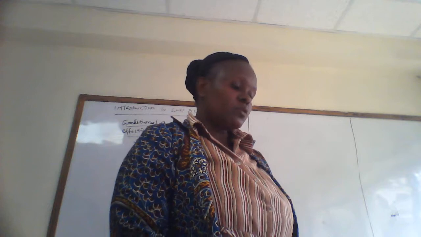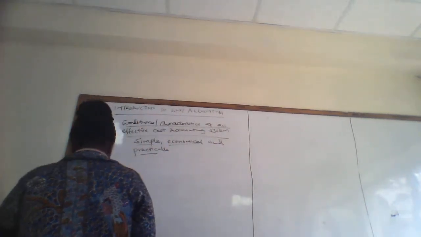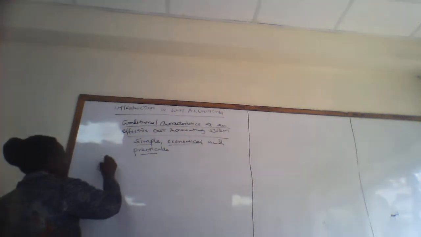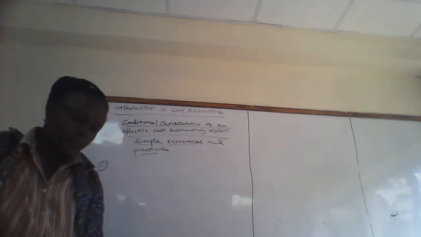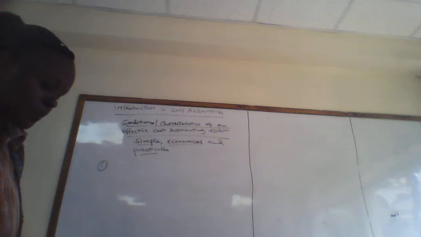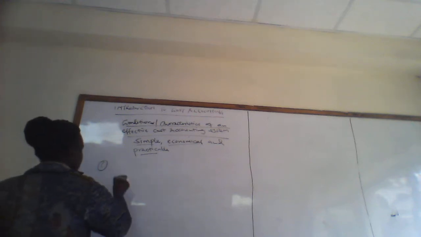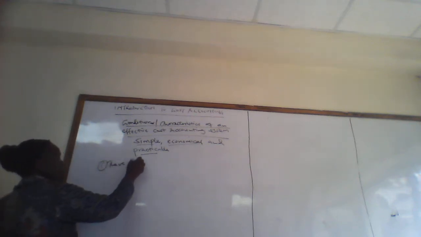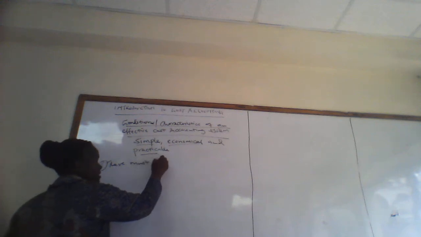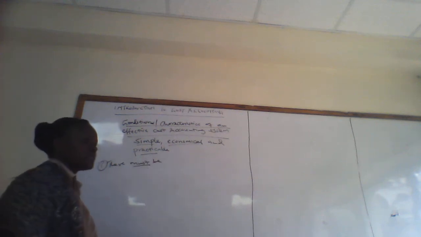Okay, so the main conditions of an effective and successful costing system are as follows. Number 1, there must be a proper system of stores and stock control. When you say must, there's no option.